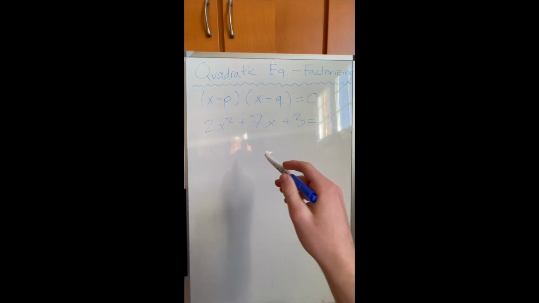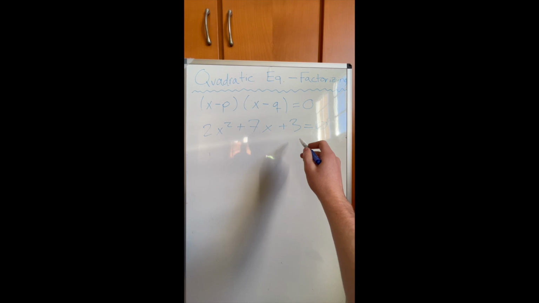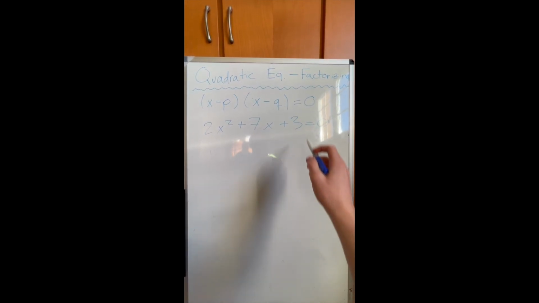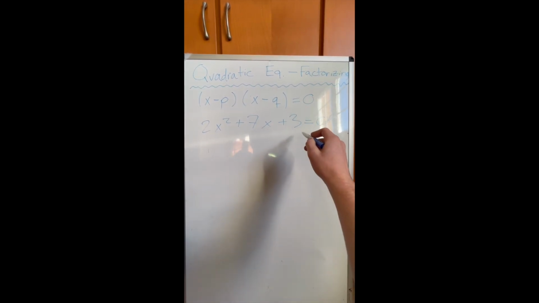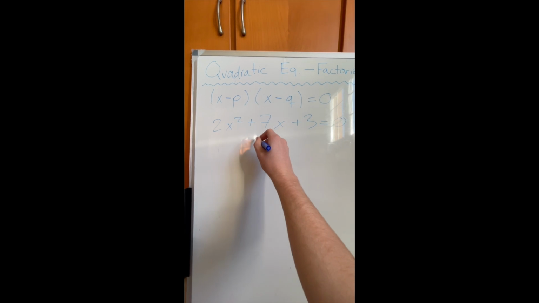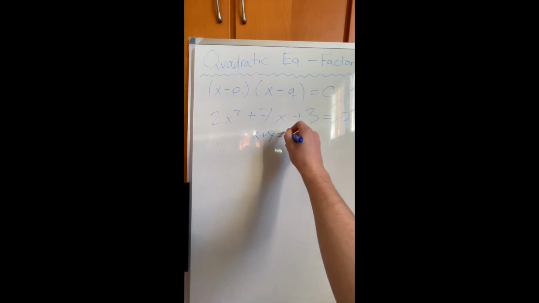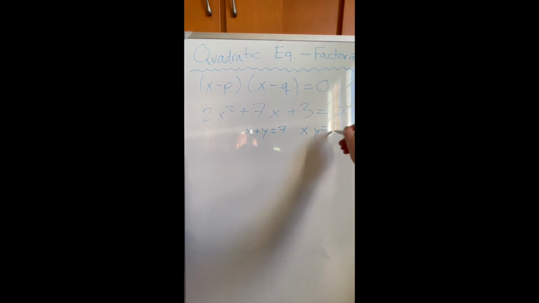So you can't find values that add to 7 and multiply to 3. No, you must find values that add to 7 and multiply to 6, as 2 times 3 is equal to 6. So, what values add to 7 and multiply to 6?